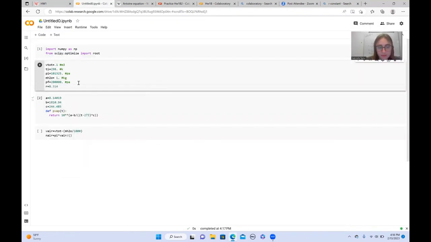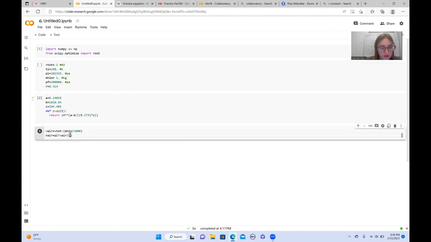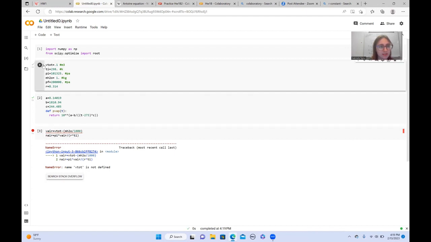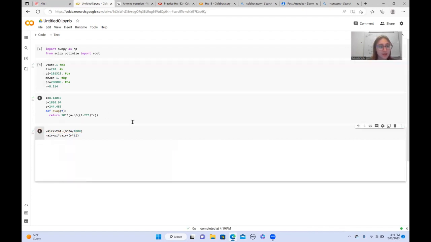Then we have R times the initial T. See if that works out. It doesn't, because V total is not defined. That's interesting, why is V total not defined? Okay, there you go. So that works.